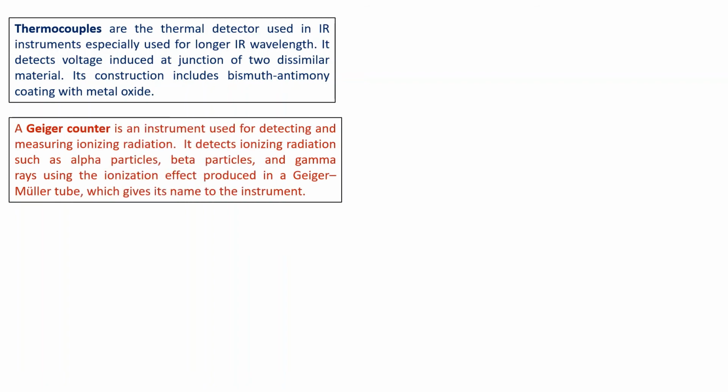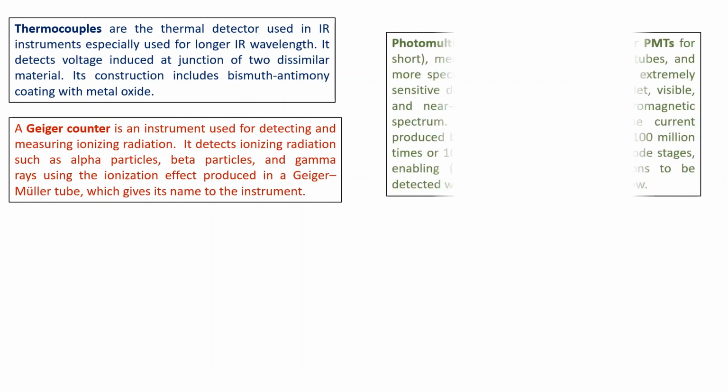Now the next option is the Geiger counter, an instrument used for detecting and measuring ionizing radiation. It detects ionizing radiation such as alpha particles, beta particles and gamma rays using the ionization effect. The Geiger-Müller counter or Geiger-Müller tube, you must have heard of it in XRD, where it measures ionizing radiations.